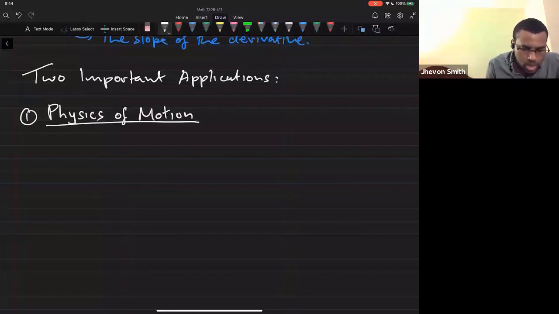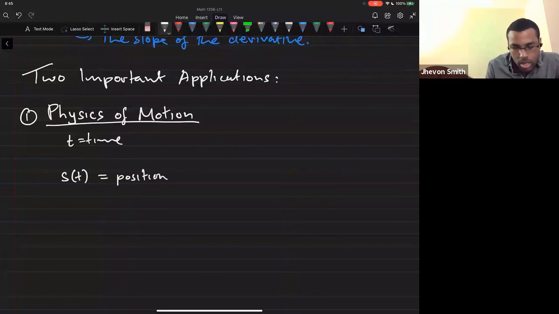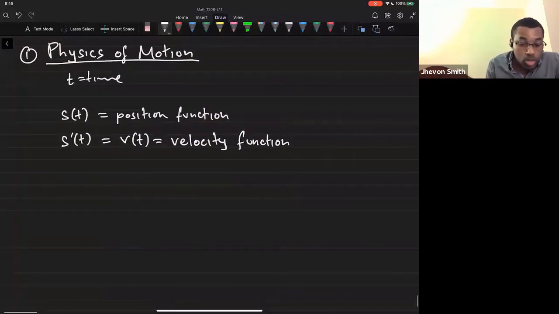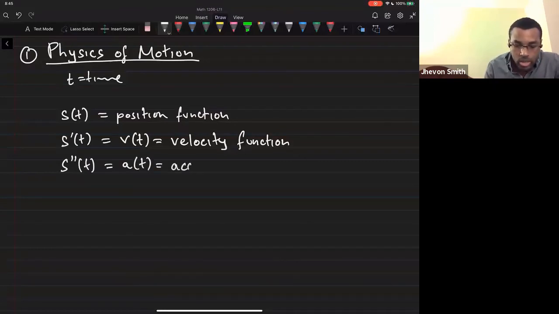If s of t, the position function, gives you the position at time t, then if you take the derivative of that, that gives you a new function called v of t, the velocity, which we kind of knew about. That's the speed in a particular direction. But you could take the second derivative, and that would give you a function that we call a of t, which is the acceleration.